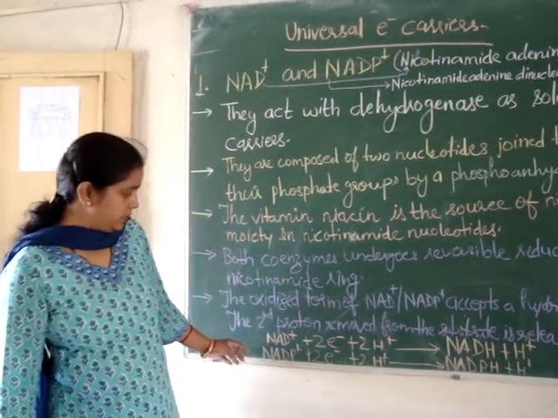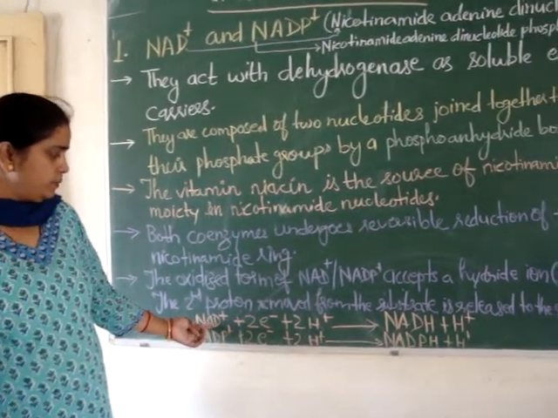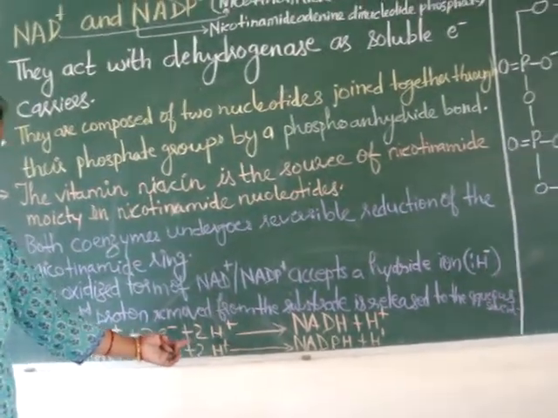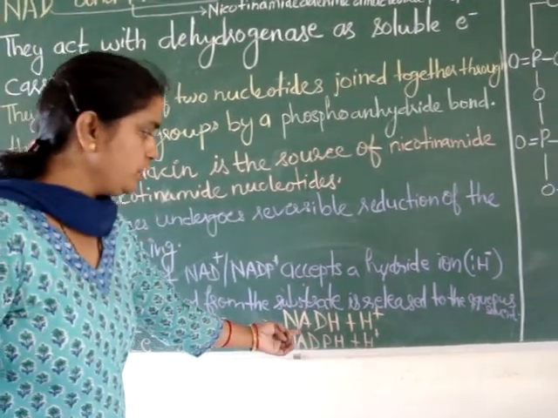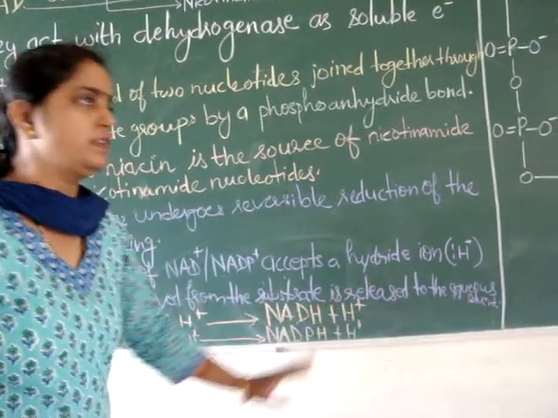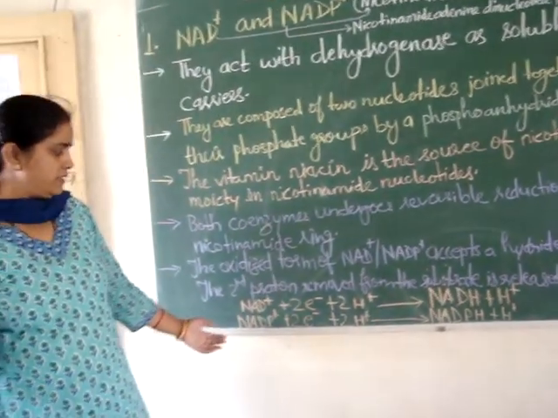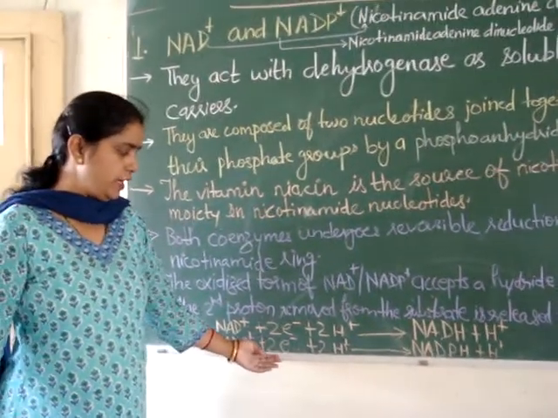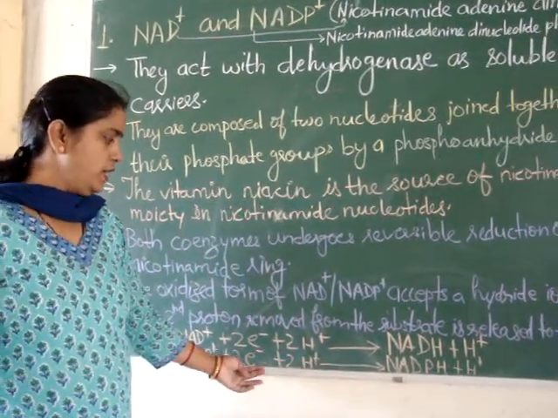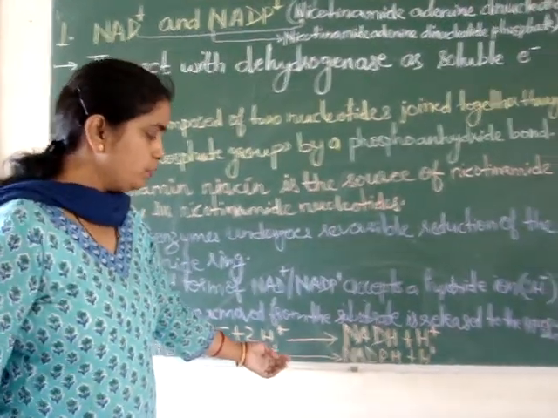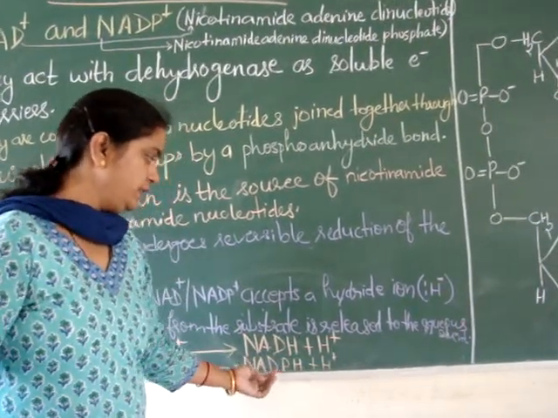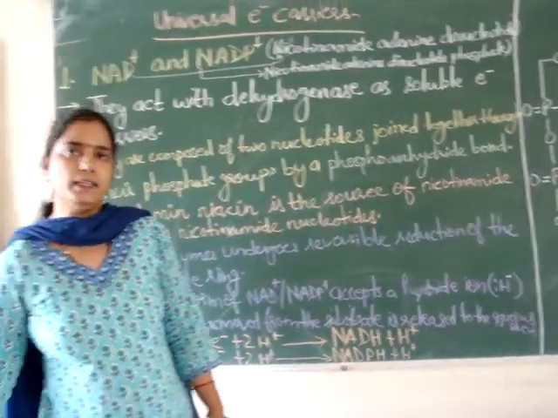Okay, so the reaction takes place like this: NAD plus accepts two electrons along with a proton in the form of a hydride ion and is reduced to NADH, and one proton is released in the aqueous solvent. Same for NADP plus: it accepts two electrons along with a proton in the form of a hydride ion, and one proton is released in the aqueous solvent, and NADPH is formed.